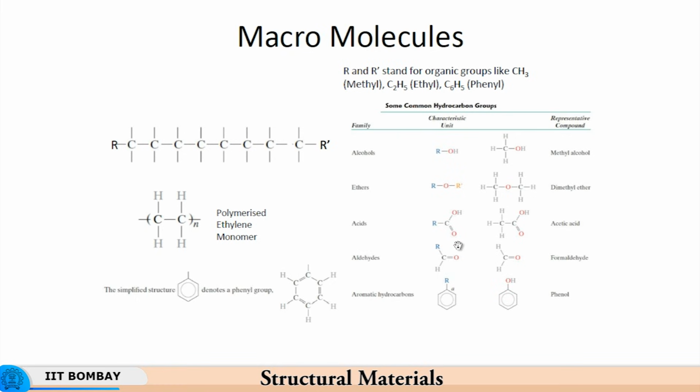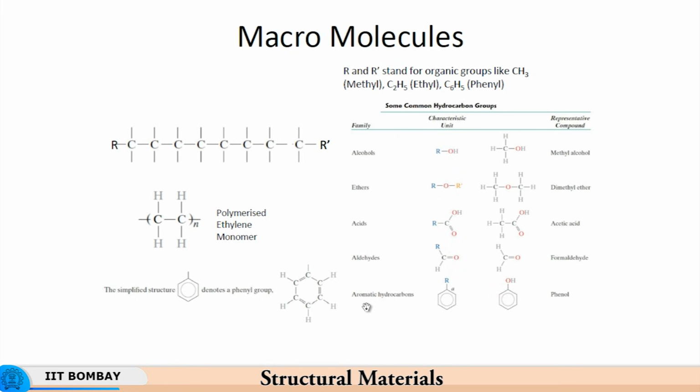If you were to polymerize this, the double bond might go, and then it will be available for polymerization with the neighboring atom. So polymerization takes place very easily, particularly where double bonds are significantly present.